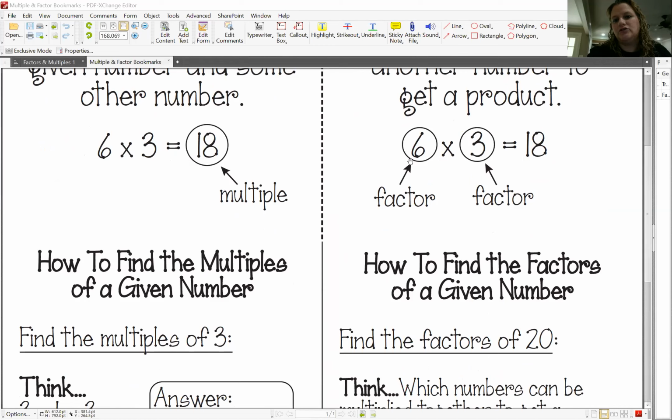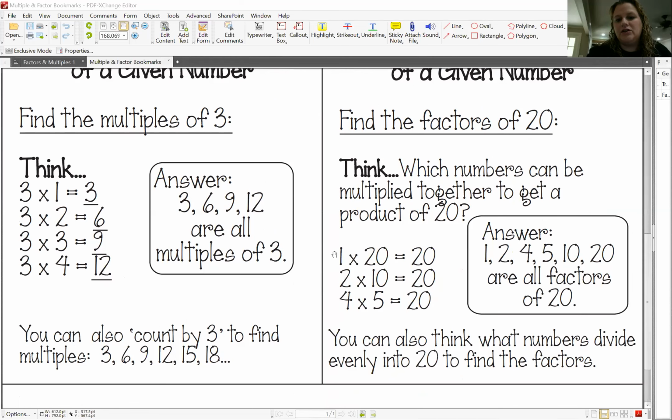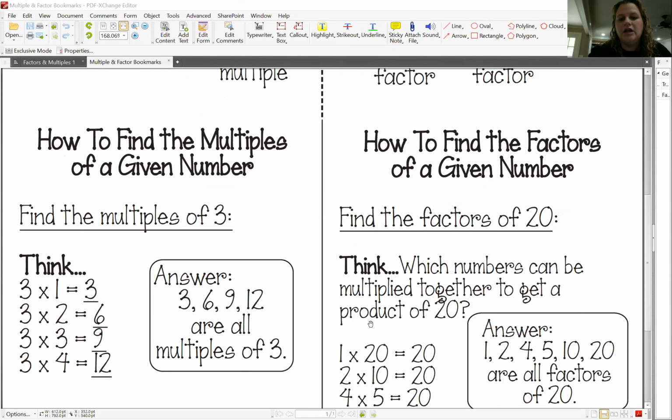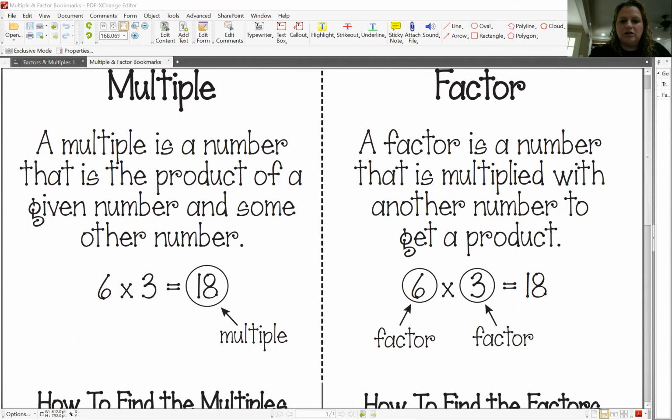You can see how the factors are the 2 numbers that can get multiplied by another number. And then here, instead of a rainbow, they just did like 1 times 20, 2 times 10, 4 times 5. If you made that T chart right through here, that would be the same.